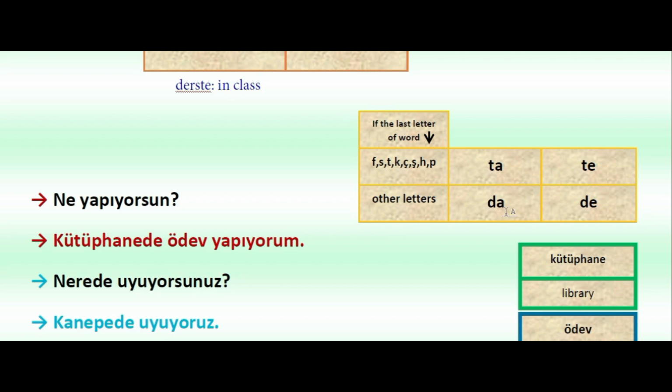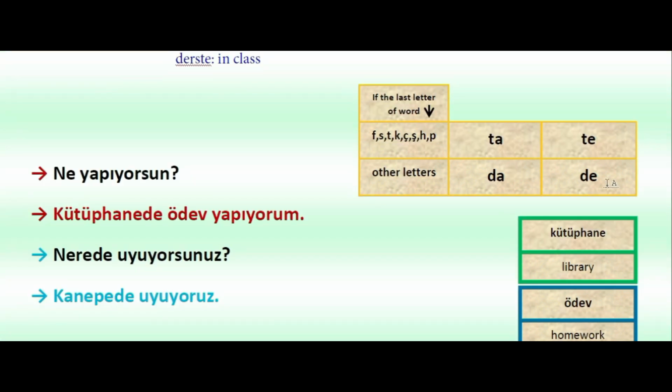Okay, which one to use? Ta, te, or da, de? Here we have two options actually. One is, if the last letter of the word is F, S, T, K, Ç, Ş, H, P, we can use ta or te. So we are directly checking the last letter, and when the last letter is a hard, strong consonant, in that case we will be using ta or te.